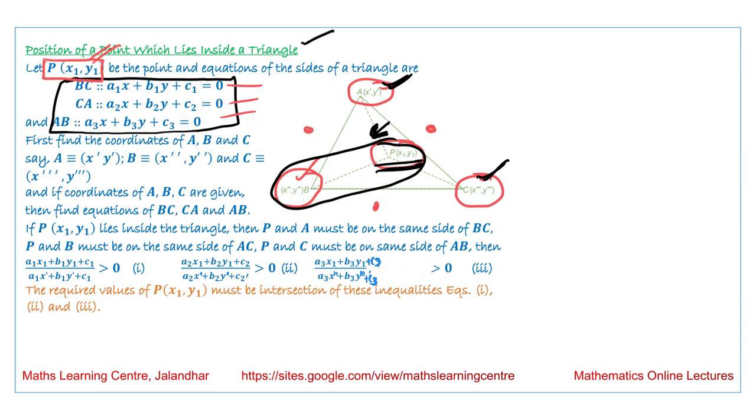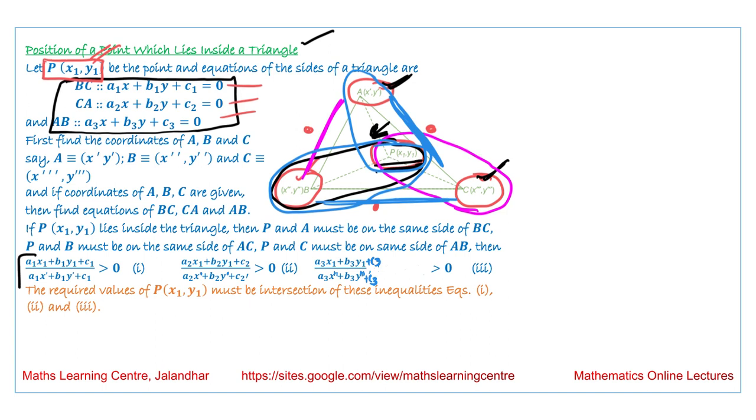Corresponding to this side AB, C and P are on the same side. And when we are talking about this third side, A and P should be on the same side. So these are the three conditions that we will have.